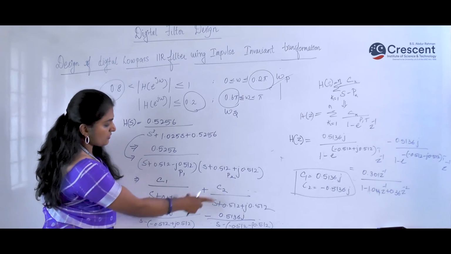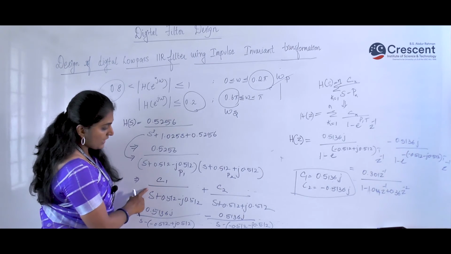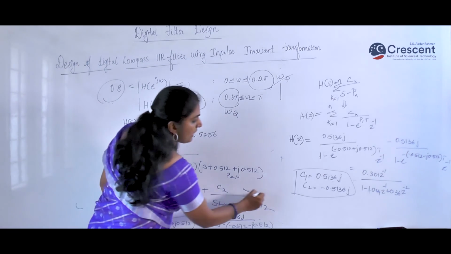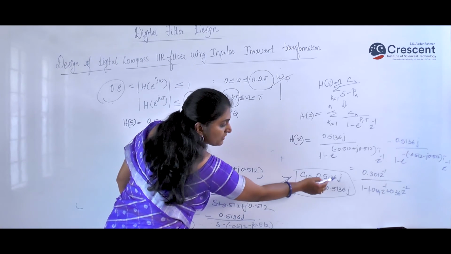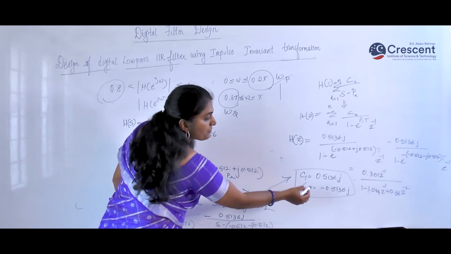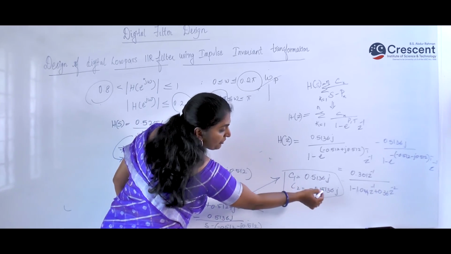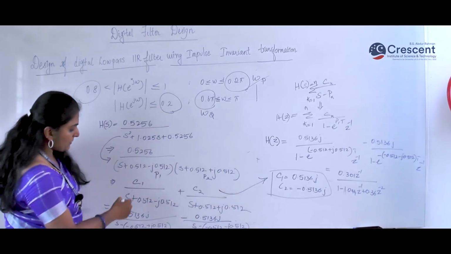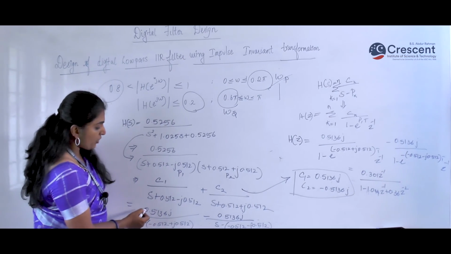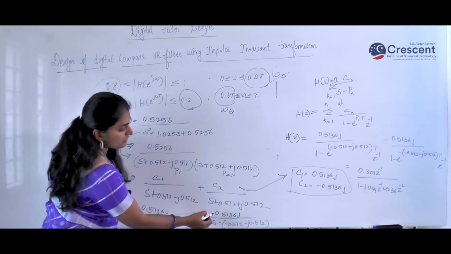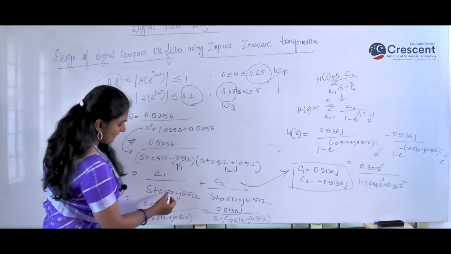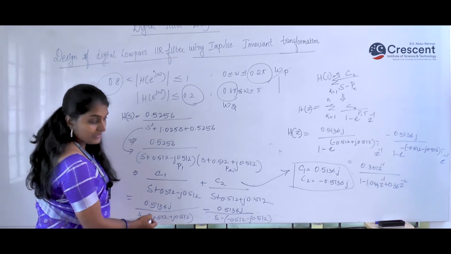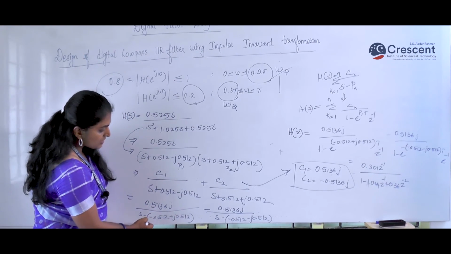By solving this equation, it is found that the c1 and c2 values are equivalent to 0.5136j and minus 0.5136j. I am applying the constant values c1 and c2 here, and the denominator I am rewriting in the form s minus of minus.